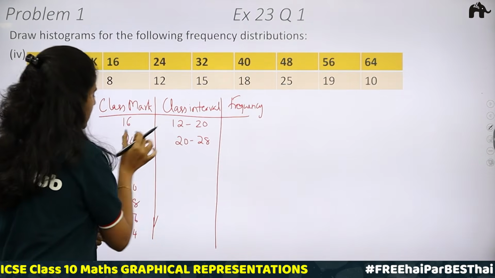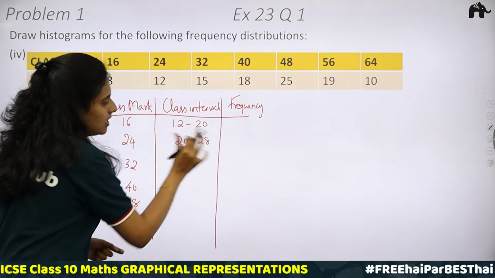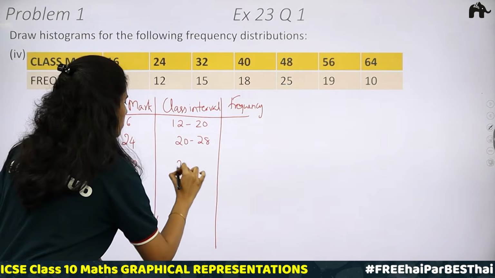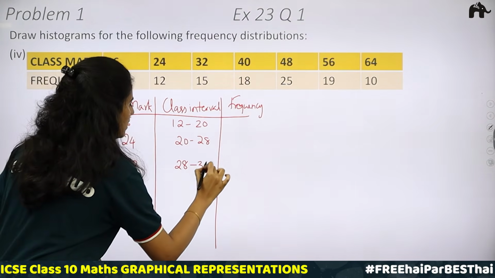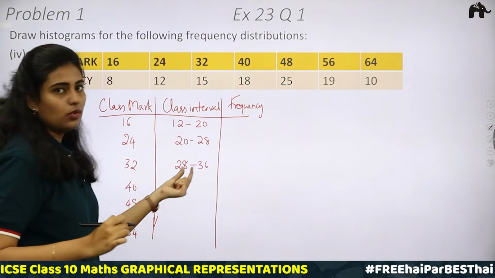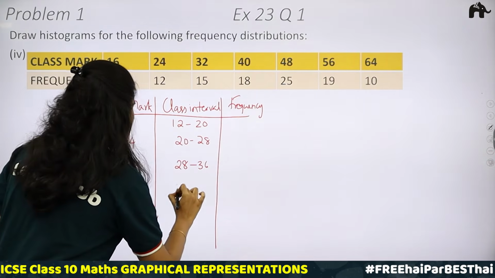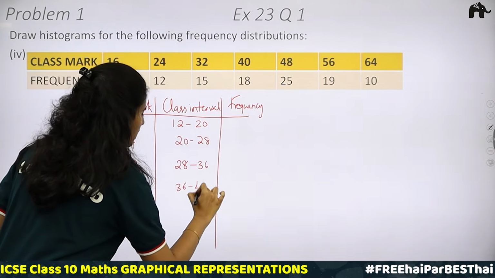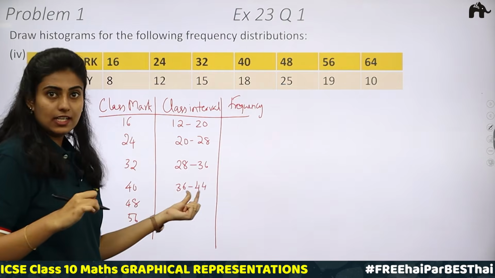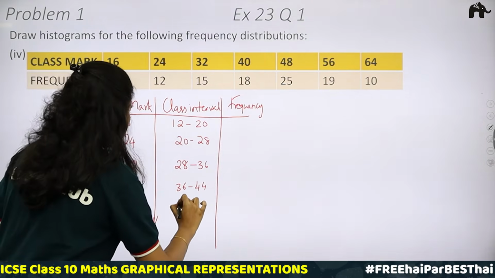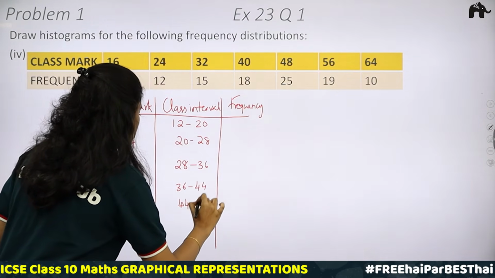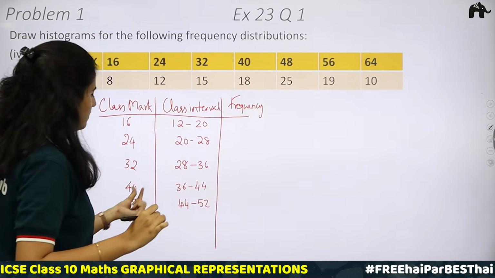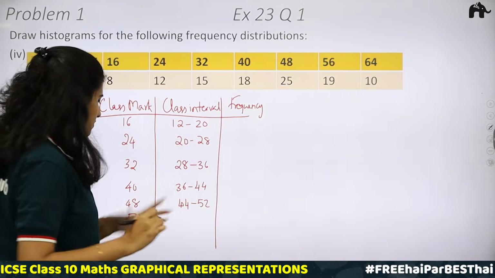Okay. 20 to 28. 24 lies between 20 and 28. Next 28 to 36. 32 lies between 28 and 36. 36 to 44. 40 lies between 36 and 44. 44 to 52. We have 48 between 44 and 52.